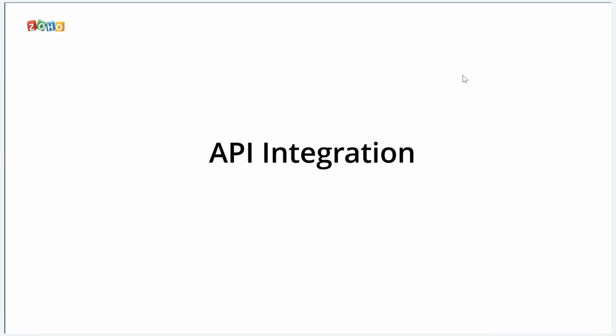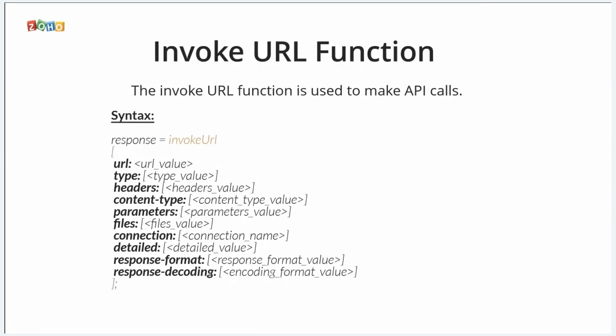So under API integrations, we have something called the invoke URL function. The invoke URL function is used to make API calls wherein response is equal to the invoke URL. So in invoke URL, you have the URL which would be got from the API, and then you have the type, which is get, post, put, delete as well, right?